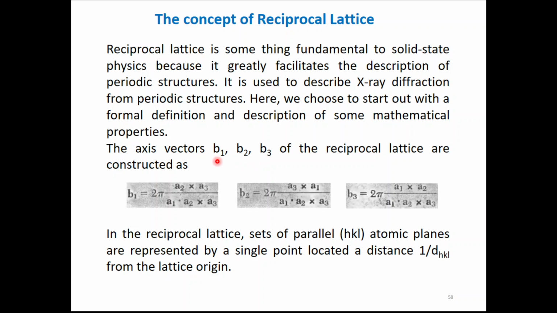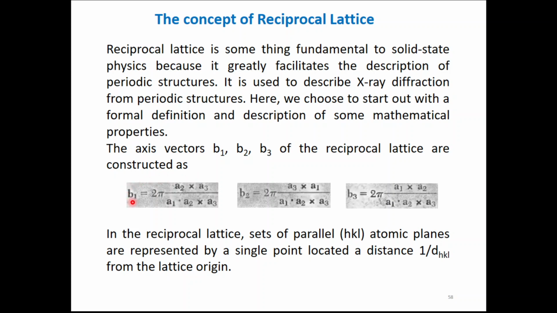In some books these notations are a star, b star and c star. So you should not be confused with these notations, right? We have a mathematical representation linking the direct lattice vectors and the reciprocal lattice vectors.